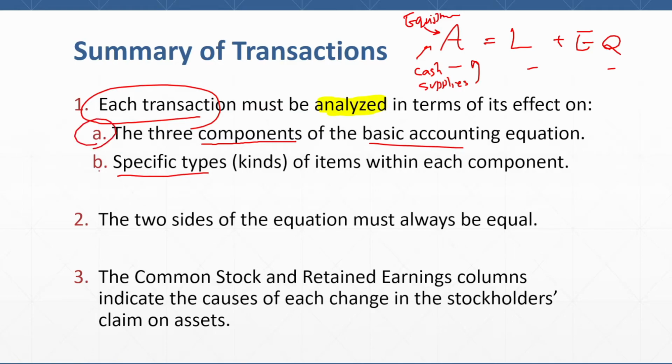So we need to do these 2 analyses, which one is affected. But regardless of different accounts and different account groups, different components, both sides of our equation must always be equal. Again, the seesaw should always stay in balance.